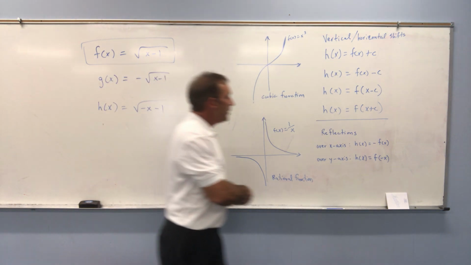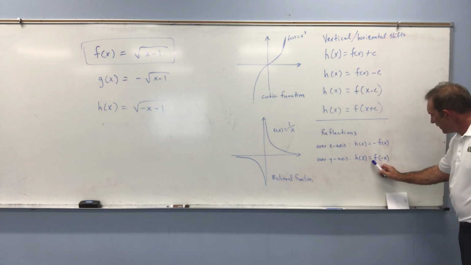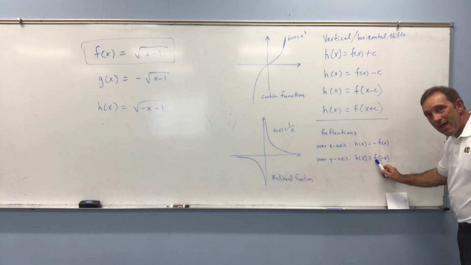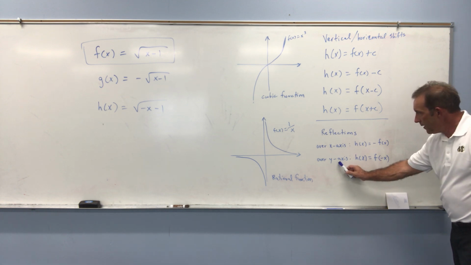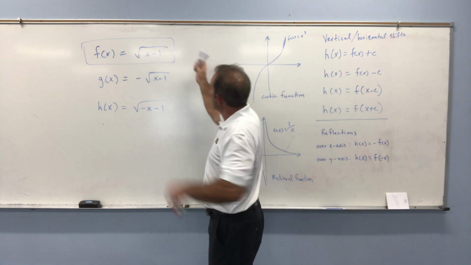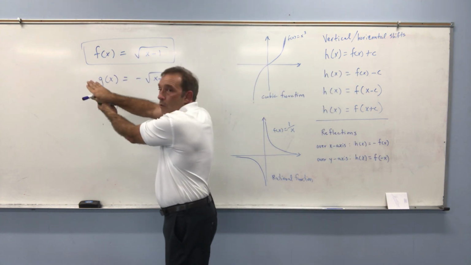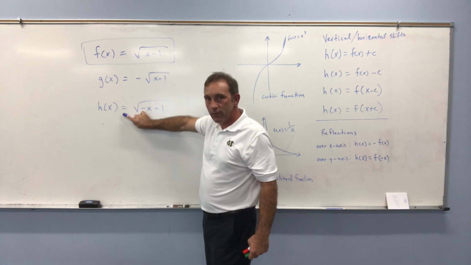In other words, h of x is the same as f of negative x. This is going to be a reflection over the y-axis. So the graph of this reflected over the y-axis will give you the graph of this.